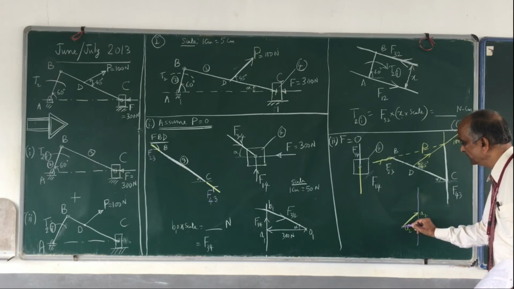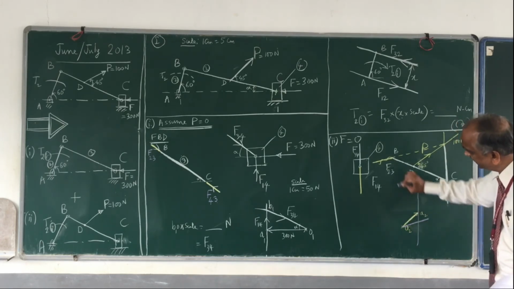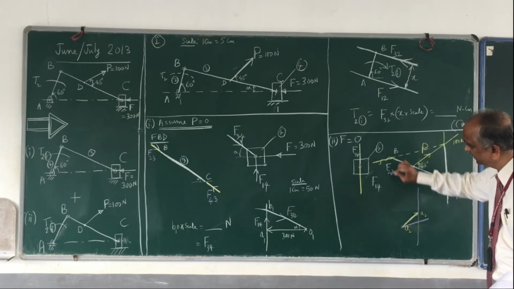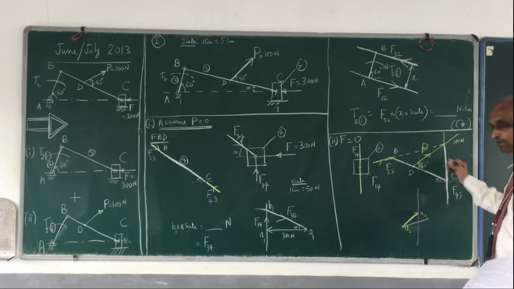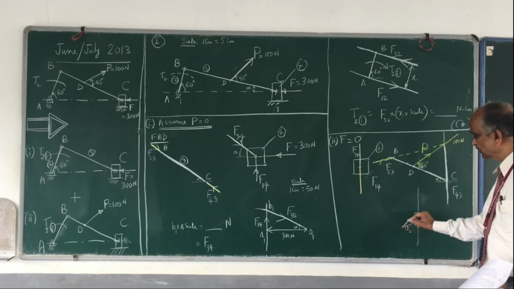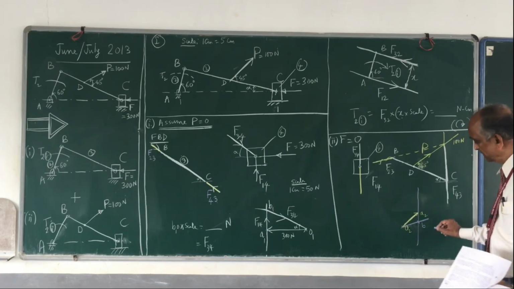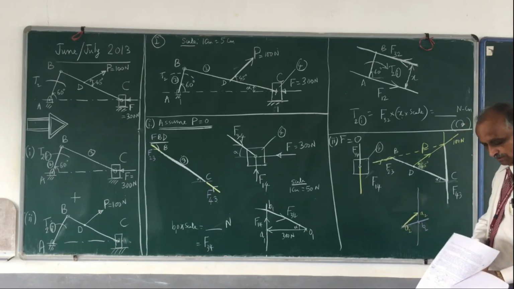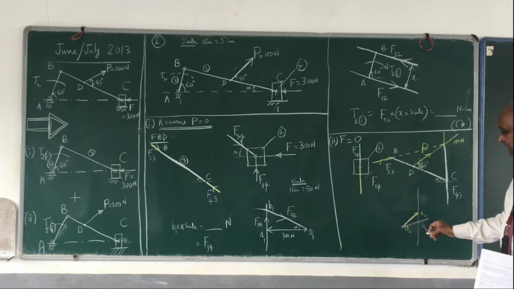Please remember, this line is parallel to this. Okay, so now the triangle is ready. This is your O2, this is your A2, probably this is your B2.